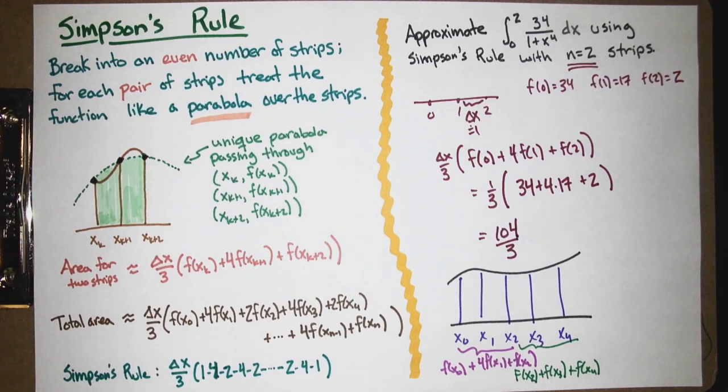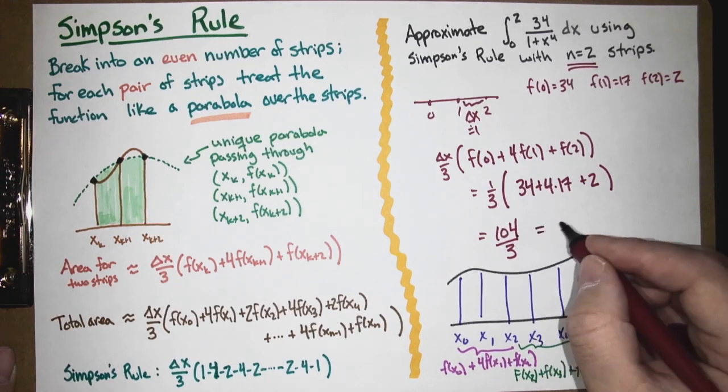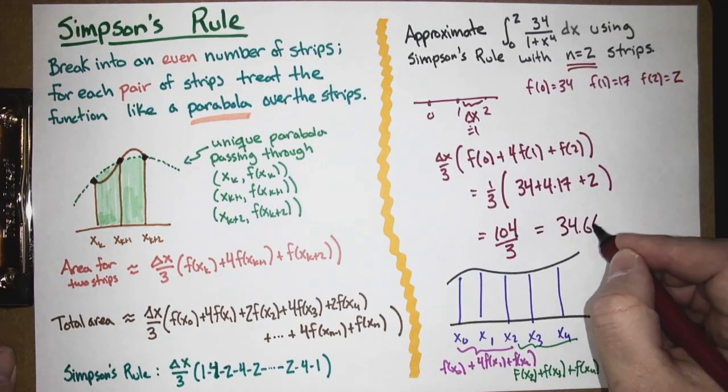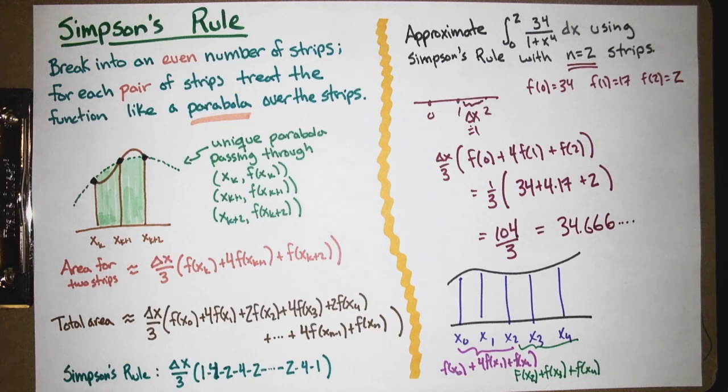All right, and, okay, so what does that give us? I think I may have done this computation wrong at some point. 104 divided by 3 is? 34.667. Okay. Why do I have a different answer on this page?